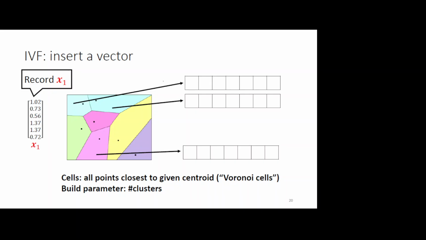The cells, or we call them the partitions. Each cell is a partition, and they are called Voronoi cells. Here, the parameter used to build your inverted file is the number of clusters. You have to determine how many clusters you are going to use. For K-means, you determine how many Ks you are going to use, but it's trial and error.